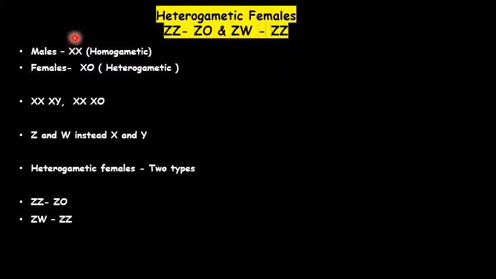They all will contain the same types of gamete cells, hence we call that homogametic, while the females will produce dissimilar gametes, hence we call that heterogametic. So just like XX-XY and XX-XO, here also heterogametic females.